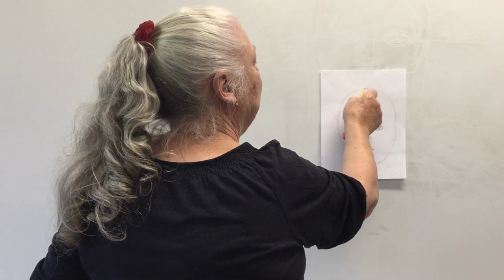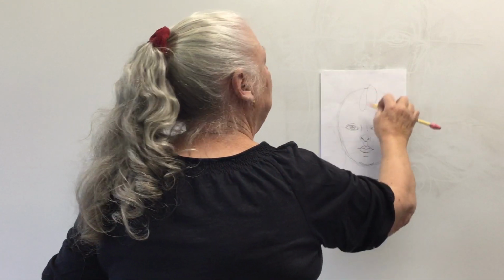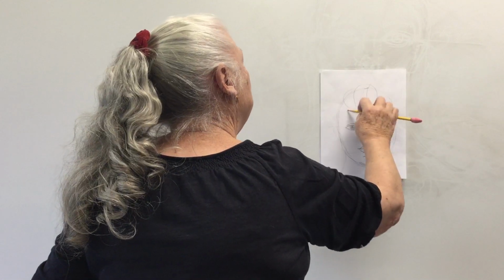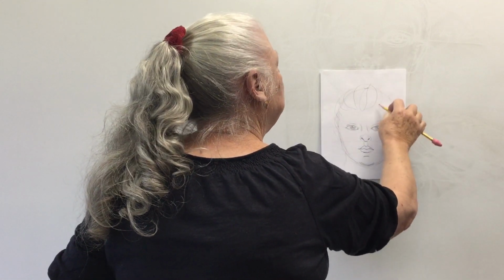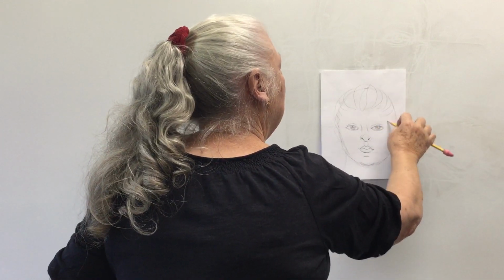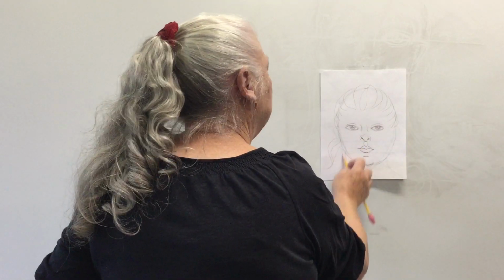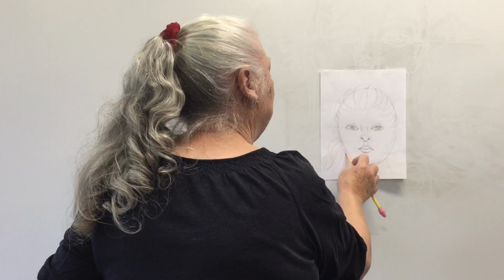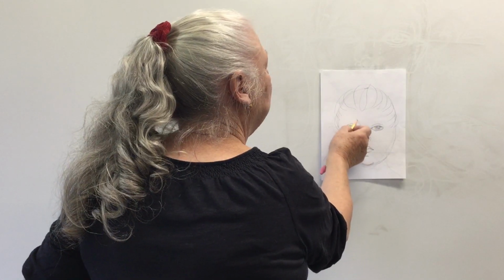This is the top of your head. So for me, my hair grows back and around my head. And I would have to also look at the shape of my forehead. My hair's coming there, and then maybe there's a ponytail that you can see part of the hair coming down this way. Okay?